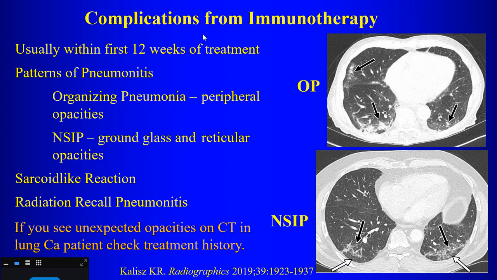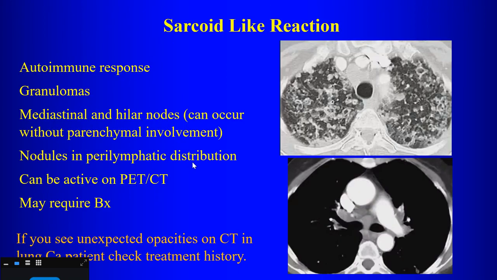You might be dealing with a complication of immunotherapy, especially if you have strange-looking consolidations. With sarcoid-like reaction, they can have lymphadenopathy, nodular thickening, and a perilymphatic distribution that's going to be very difficult to differentiate from progression of disease. It might require biopsy. But again, if we see unexpected opacities on CT, make sure that we check the treatment history in these patients.